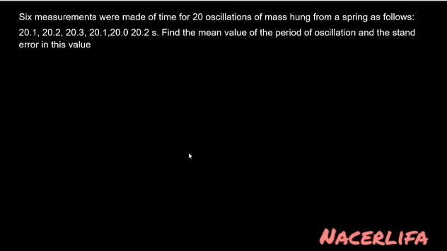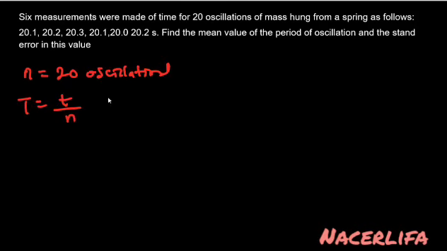So this problem is saying that measurements were made of the time for 20 oscillations of a mass hung from a spring as follows. So we have, let's say, the number of oscillations is 20. So n equals 20 oscillations. The period is the time it takes to complete one oscillation.